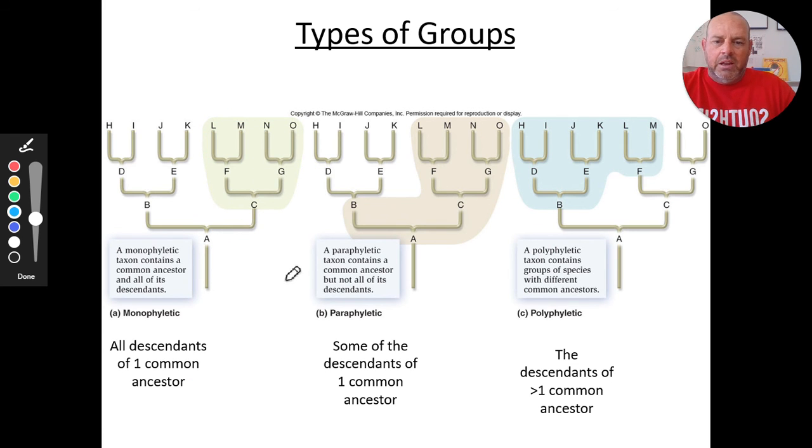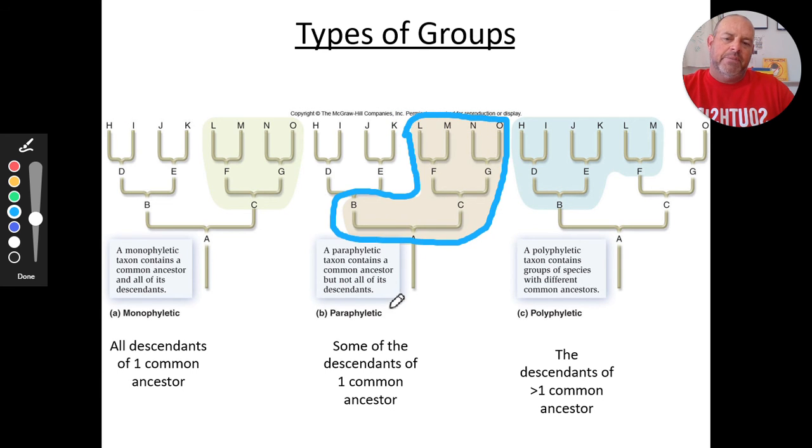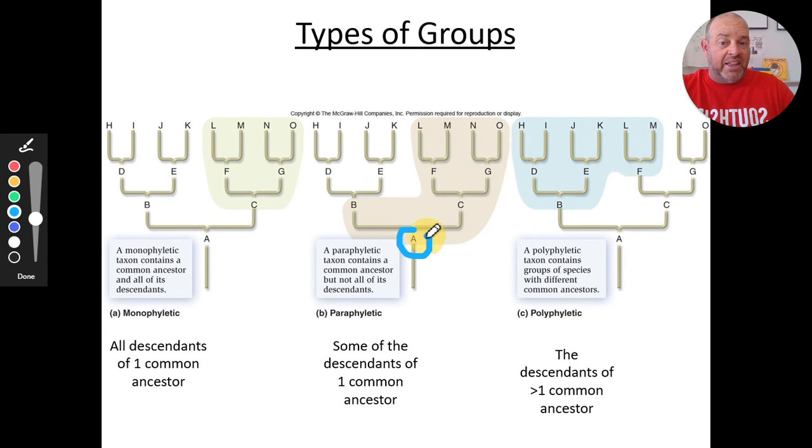If you look over here, paraphyletic. Para usually means next to or adjacent. So some of the descendants of one common ancestor. Now here is your grayed out box. It's a little bit light, so I'm going to draw a little ring around it. So there's our box, and it says some of the descendants from one common ancestor.